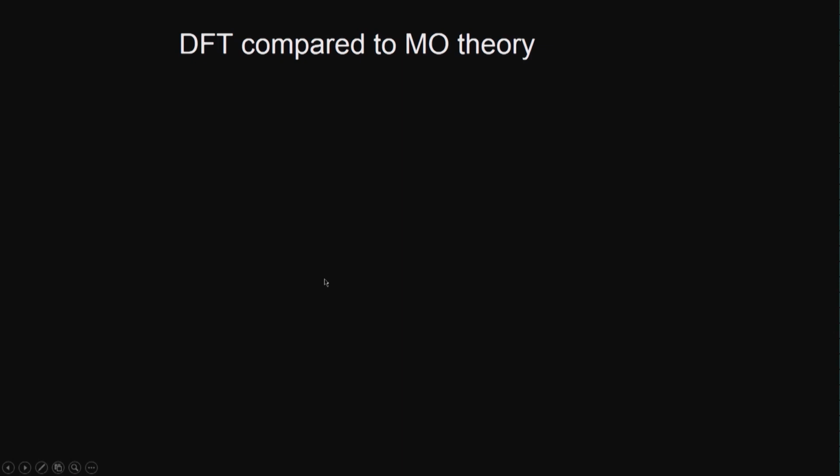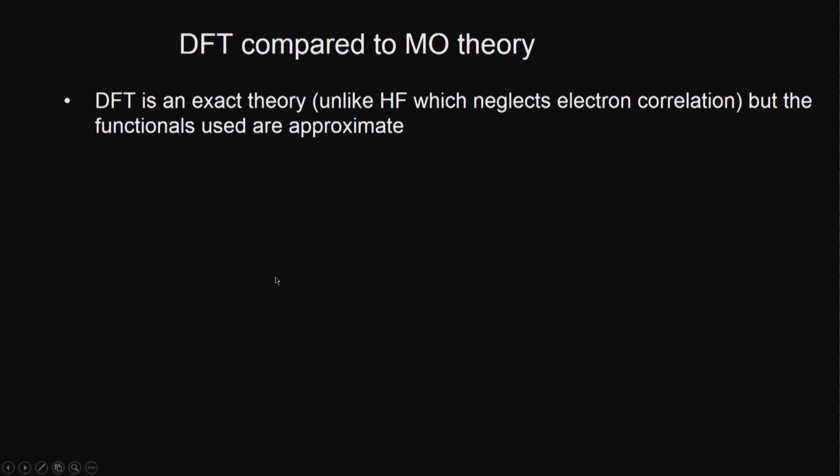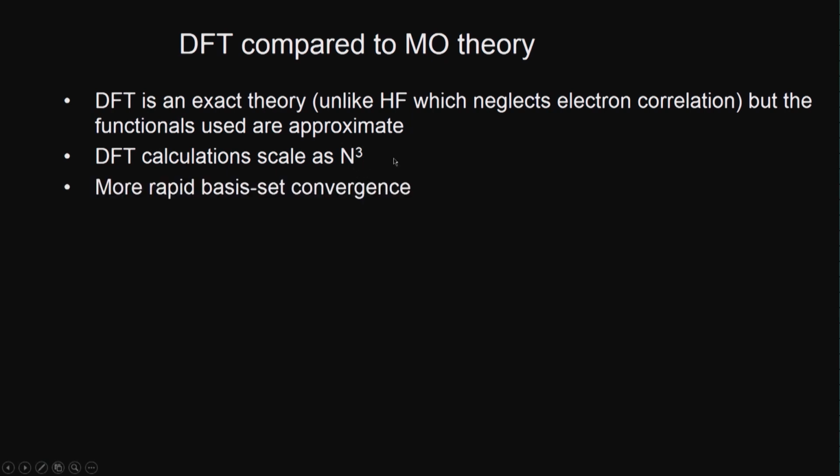So how does DFT compare to MO? DFT is an exact theory, unlike Hartree-Fock, which neglects electron correlation, but the functionals used are approximate. DFT calculations scale as N to the power 3, ab initio calculations as N to the power 4, whereas semi-empirical calculations scale as N to the power 2. It has more rapid basis set convergence and is much better for transition metal complexes.